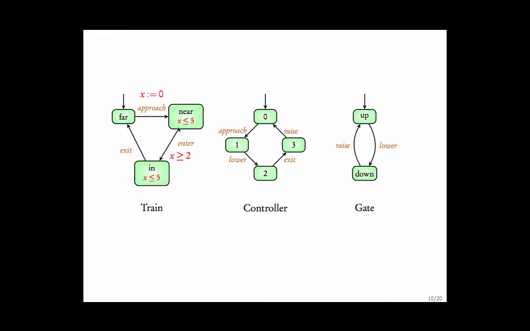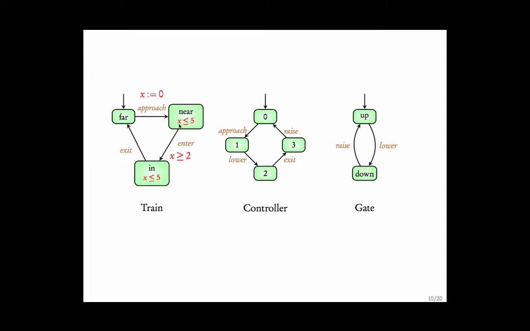Let us look at another feature. We want to say that in at most 5 units, the train will enter the crossing. So once x is set to 0, it needs at least 2 time units to enter, but it cannot be in the near state for more than 5 time units.